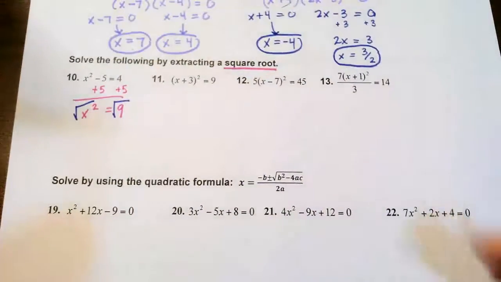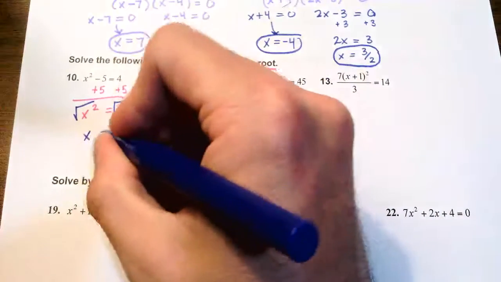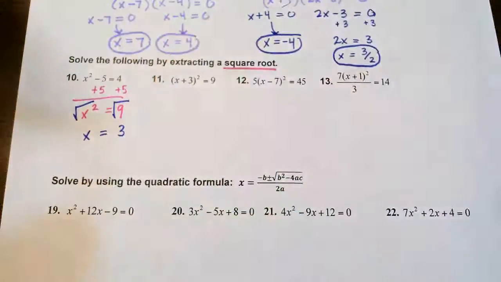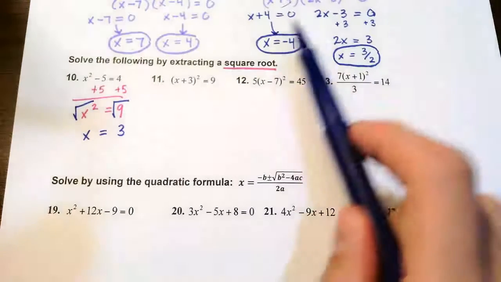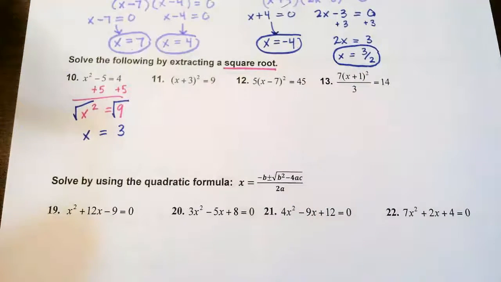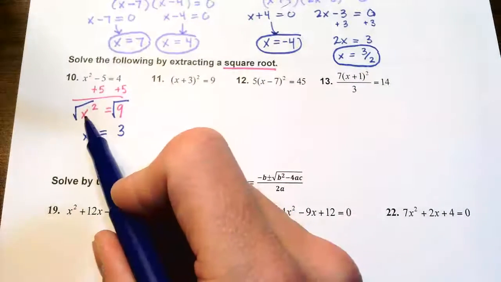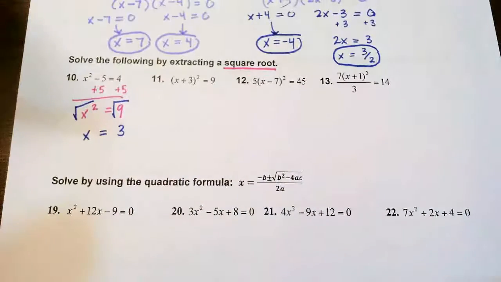But the answer is not going to just be 3. Square root of 9 is 3. That's one of my answers. But remember from the previous page on these previous problems up top, when we factored them, we got 2 solutions. So there needs to be 2 solutions here. And actually, when we do this, there are 2 roots to 9.